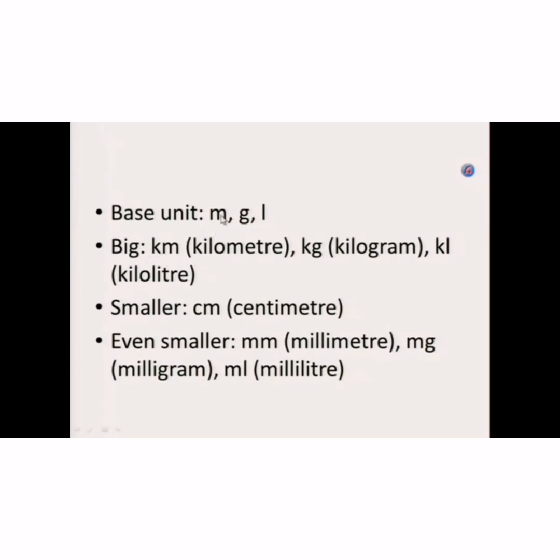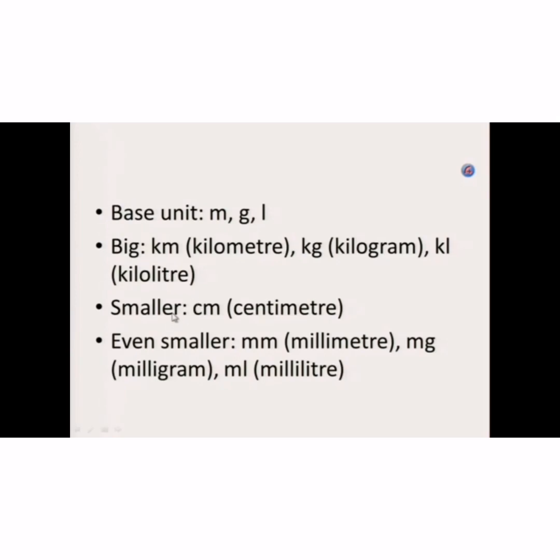Let us start first of all with meter. If something is very big, then we are going to call it a kilometer. The same for grams. If something has a big mass, we are going to express it in kilogram. And liter. If it's a very big volume of fluid, we are going to express it in kiloliter.